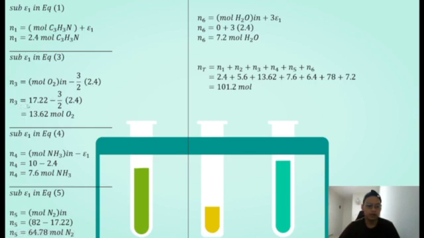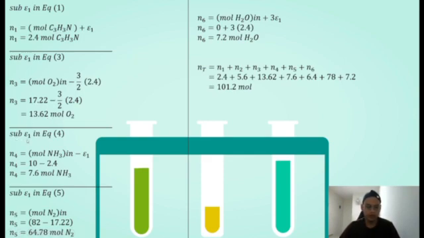So N3 is equal to 70.22 minus 3 over 2 divide 2.4, which is 13.62 mol O2.